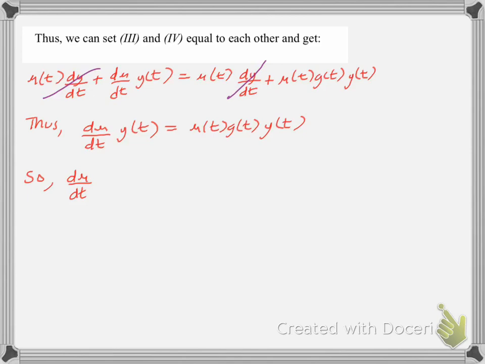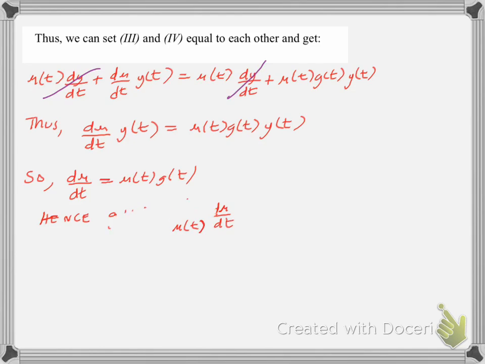Okay, so d mu over dt equals, if we divide by y of t on both sides, mu of t times g of t. Okay, hence g of t equals 1 over mu of t times d mu over dt.